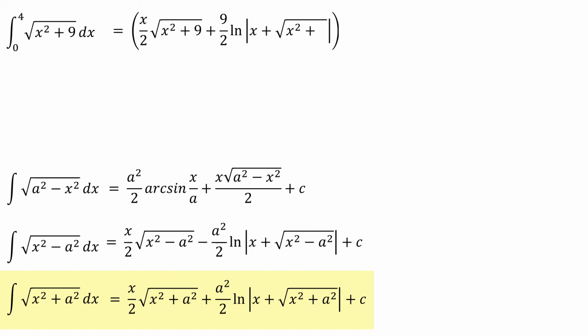Ooh, a squared. Okay, now I got to think a tiny bit. I got to put a 9. Now, instead of putting the plus c, I'm not going to have a constant because we have to evaluate this from 0 to 4. Right? Left to right, we would have started at 0 and we would have gone to 4.